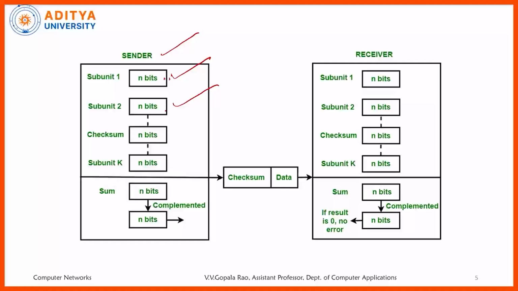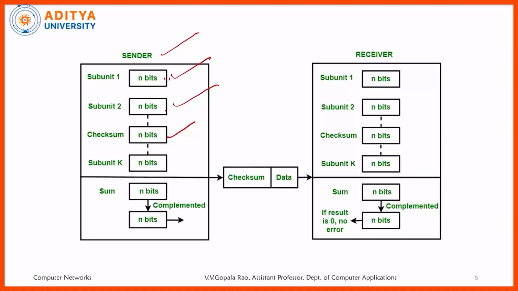As far as the block is concerned, subunit 1 and subunit 2 are added, and you find some sum. This procedure will be carried out till all the subunits are over.